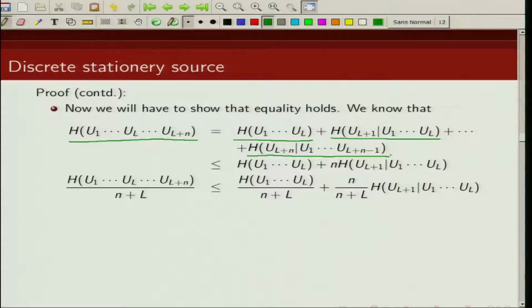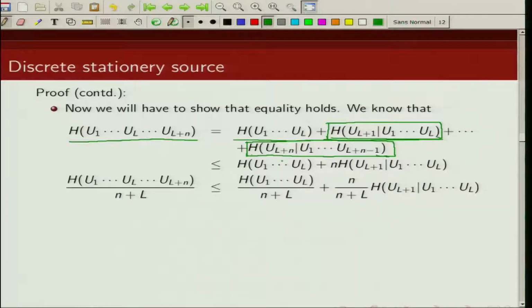Now what do we know about these terms? We know these are non-increasing as L increases. So among these n terms, like you have UL plus 1 given U1, U2, ..., UL, then uncertainty in UL plus 2 given U1, U2, ..., UL plus 1, up to uncertainty in UL plus N given U1, U2, ..., UL plus N minus 1.